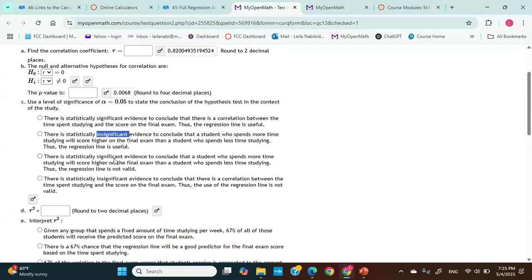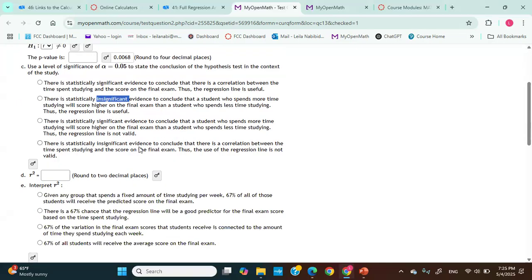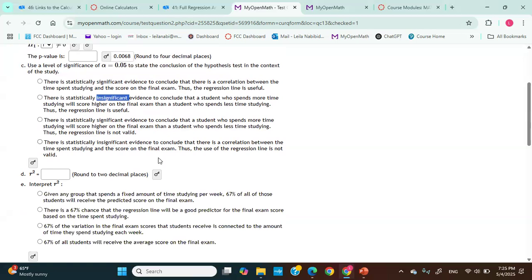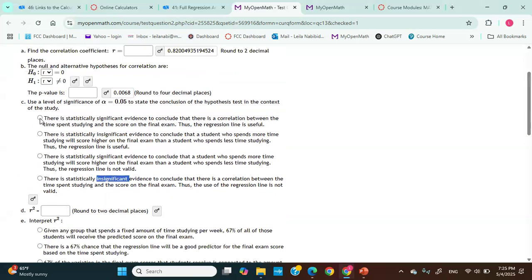There is statistically significant evidence to conclude that the students who spend more time studying will score higher or less than. Nope. And there is a statistically insignificant. Again, no. So the answer is the first one: there is statistically significant evidence to conclude that there is a correlation between the time that students spend studying and the final exams.